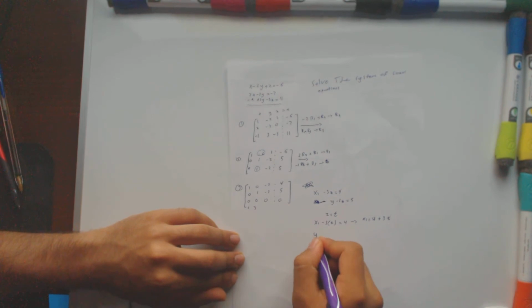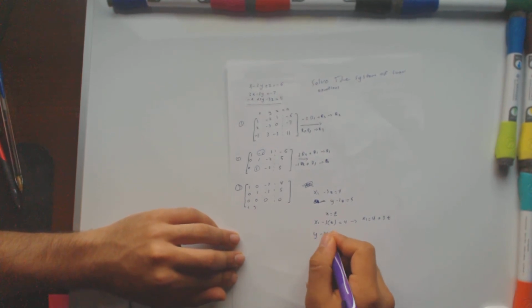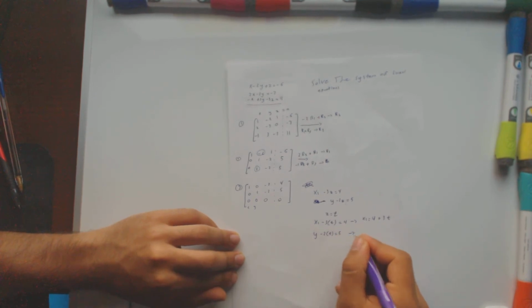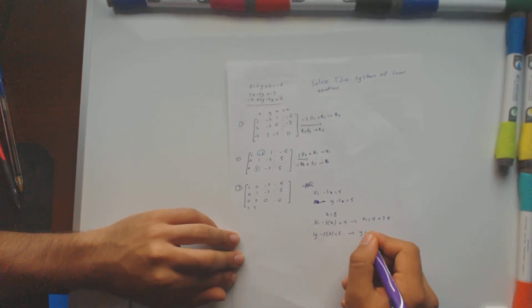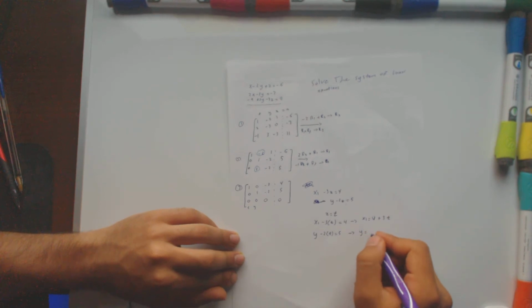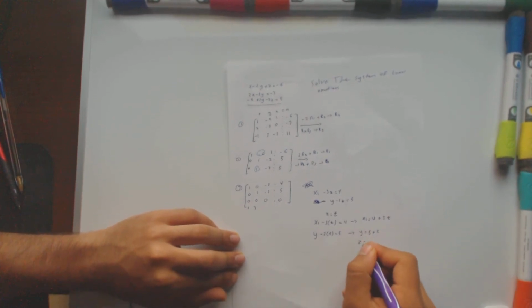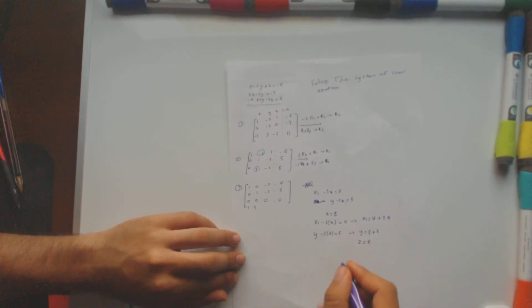And for y, y minus 2 times t equals 5, which is y equals 5 plus 2t. And z is t.